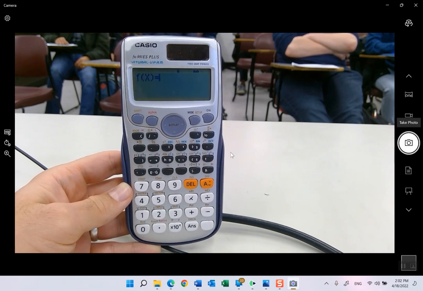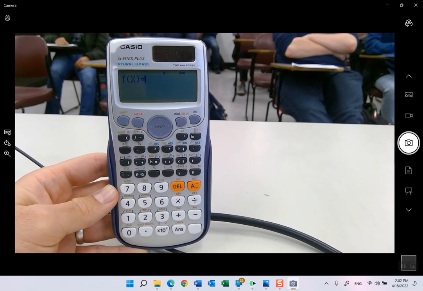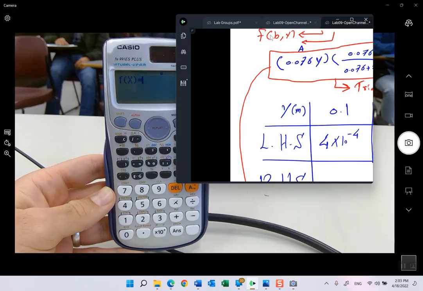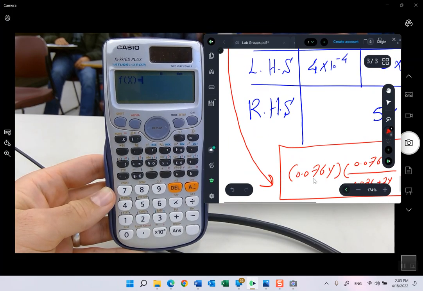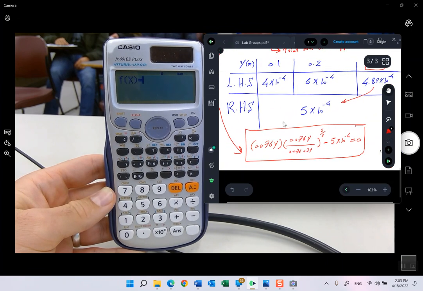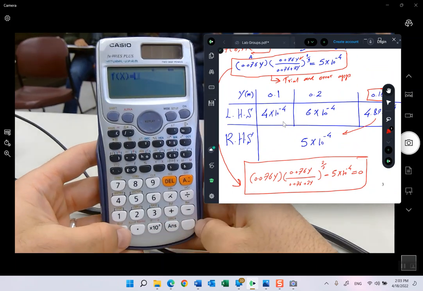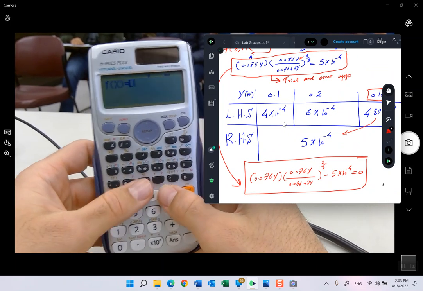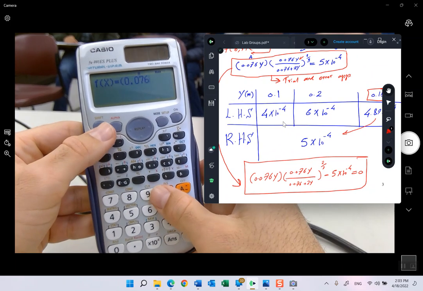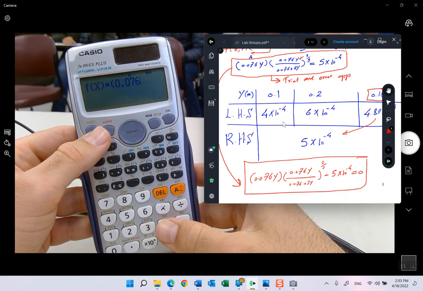So if you want the calculator to do this trial and error on your behalf, you only have to write down this equation here. How? It's 0.076, so let's use the brackets. Then I would like to write the variable. I want to insert the variable.